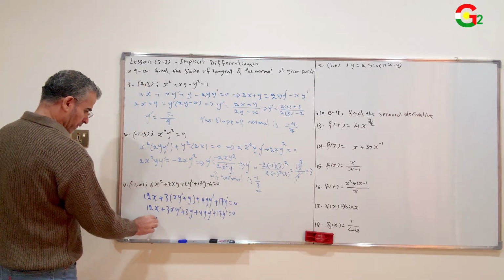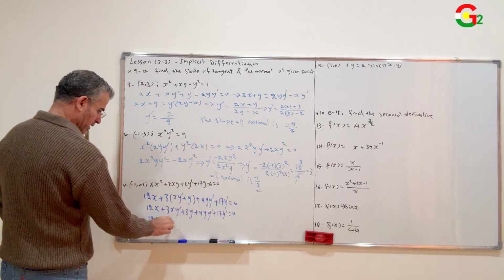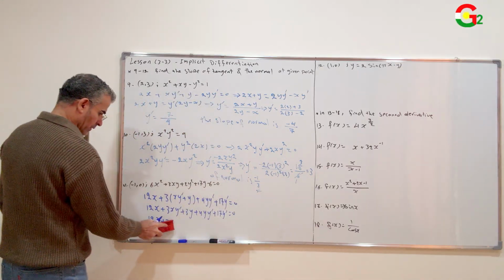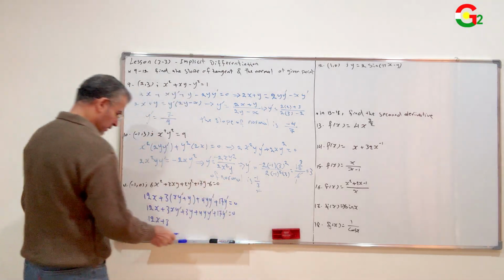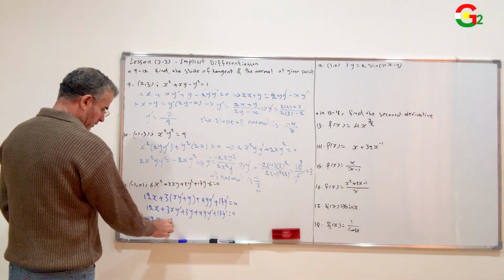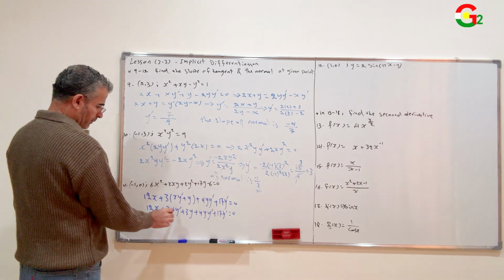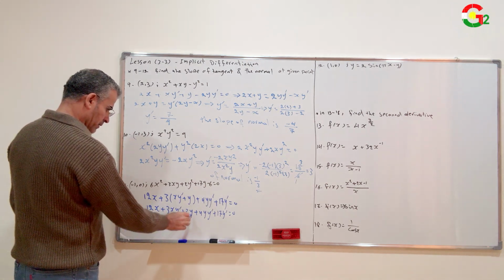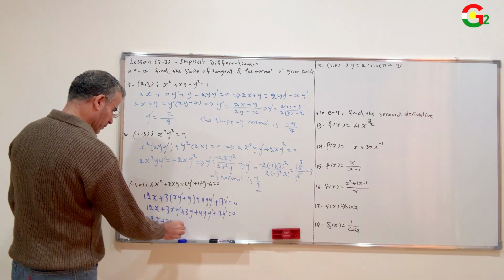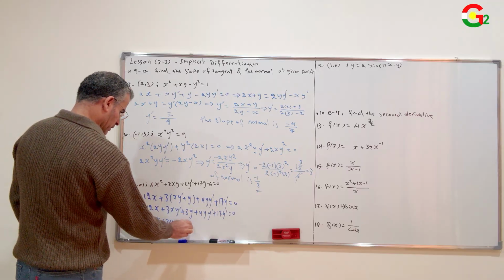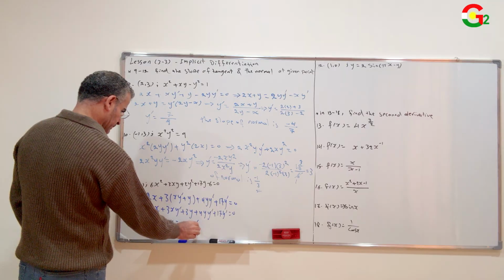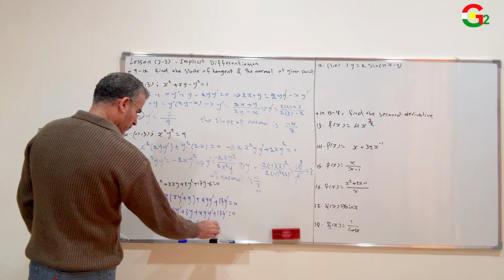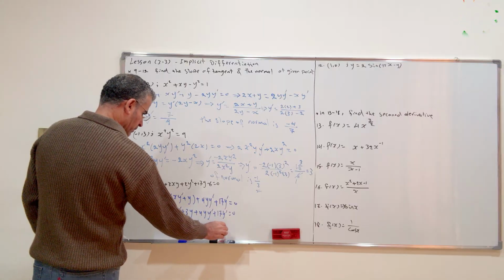Now set the terms with y prime on one side: 12x plus 3y equal to negative 3xy prime minus 4y y prime minus 17y prime.